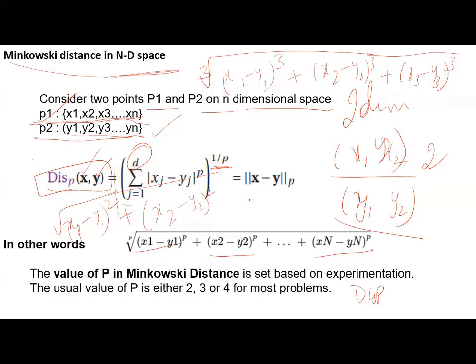So it can be written as the norm of x minus y base p. This is called Minkowski distance. Generally the value of p is either 2, 3 or 4 for most problems, because we cannot go beyond 4 dimensions. This is called the Minkowski distance metric.